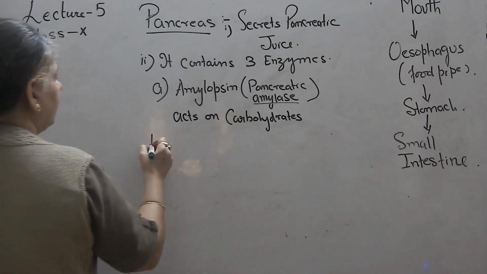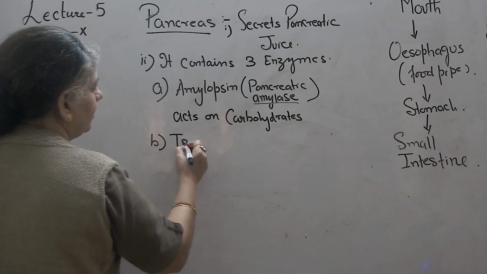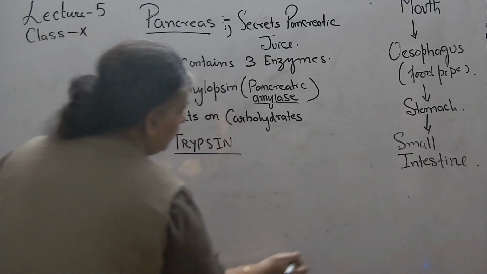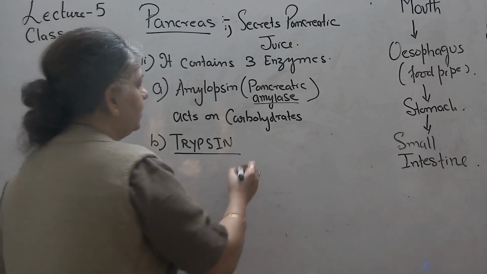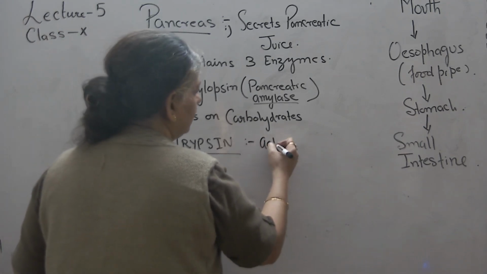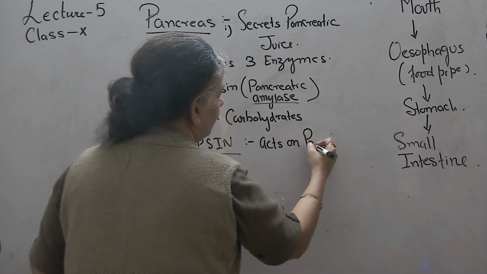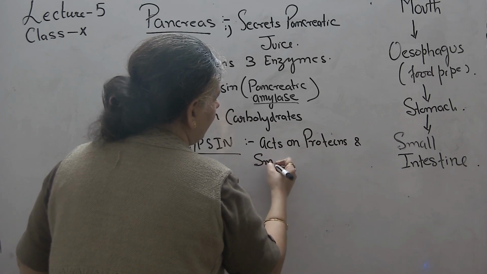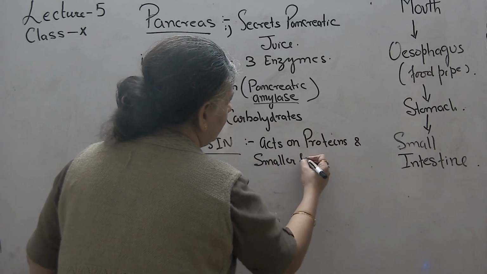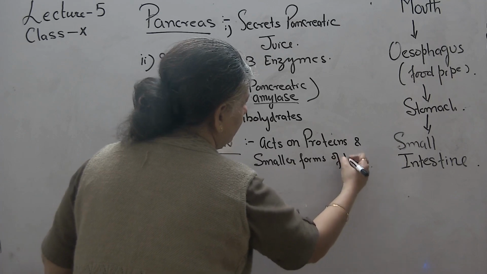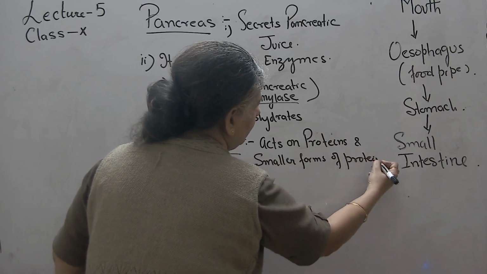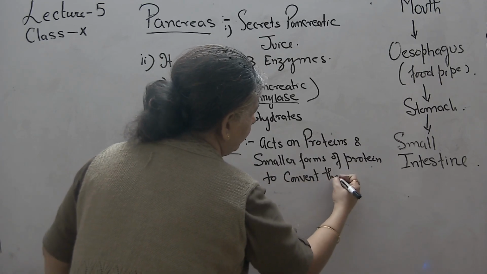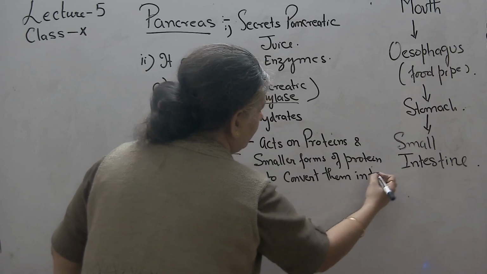Okay, next is trypsin. This will act on proteins and smaller forms of protein, to convert them into amino acids.